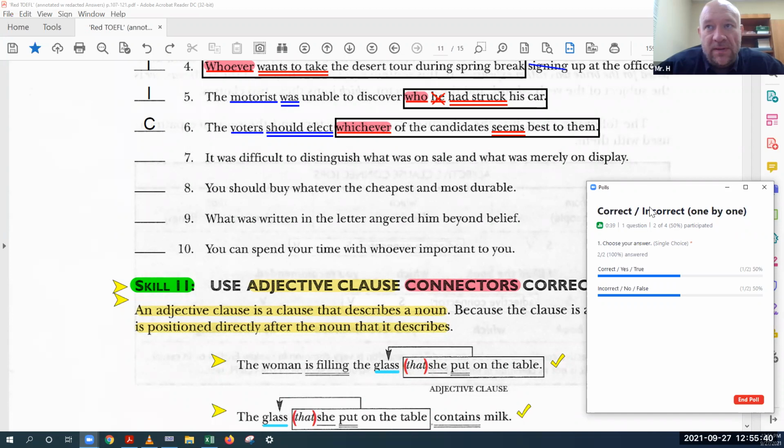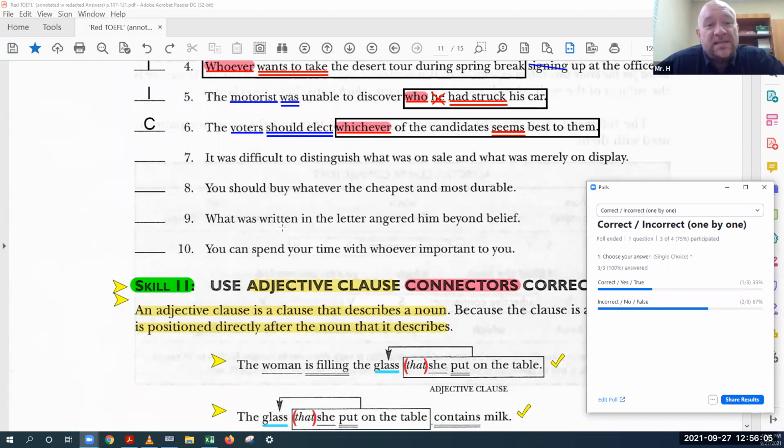That's 2 guys. Anybody else? 2 out of 4. Anyone else? No one else is going to answer. It's already been a minute. All right, so we got 3 answers. We'll go with 3. Okay. 2 people said it's incorrect. Let's take a look.